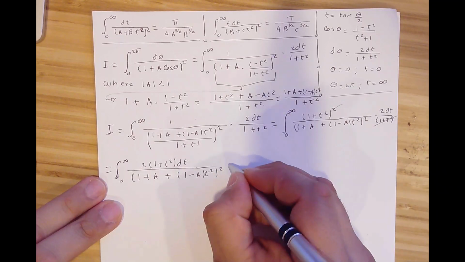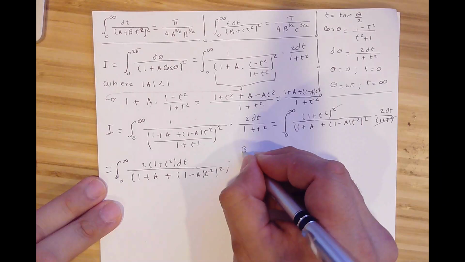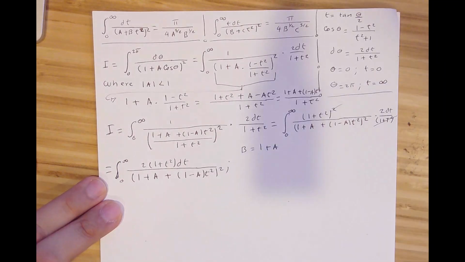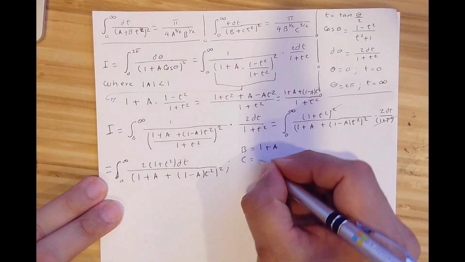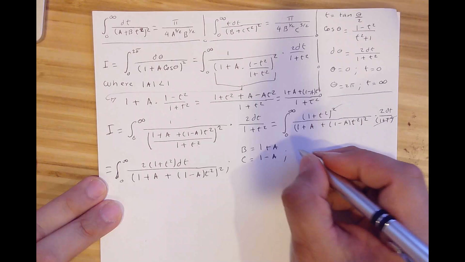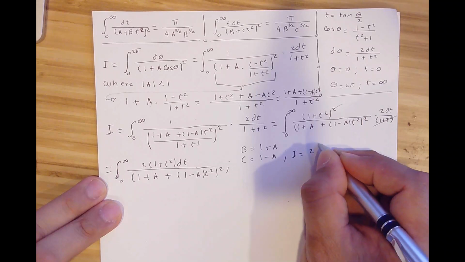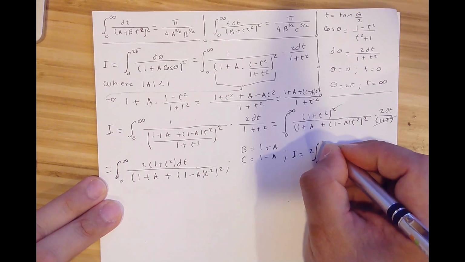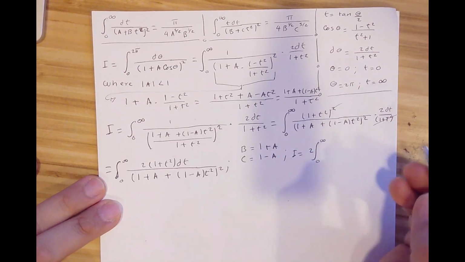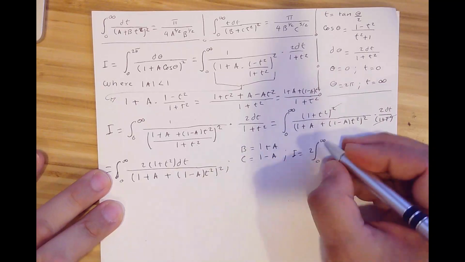And now we can actually do a trick. If we substitute, let's say, b for 1 plus a, right, and c for 1 minus a, then we can have our integral like this, integral from 0 to infinity. Remember that a is a number, so this b and c are also numbers. Different numbers, but they are numbers also.